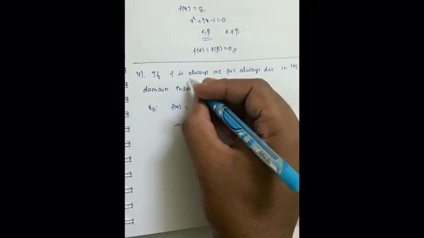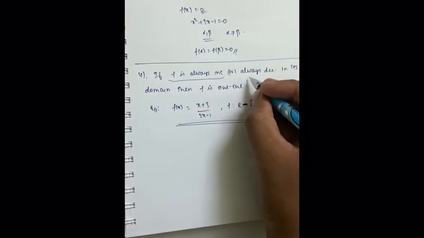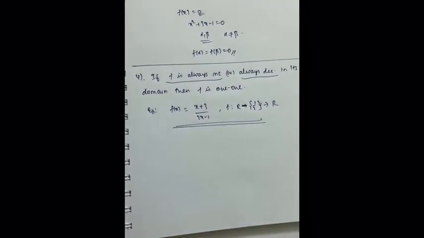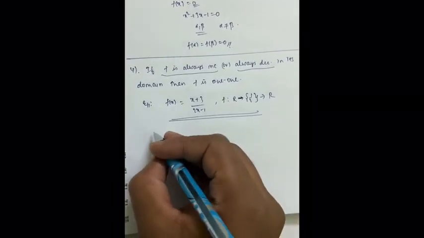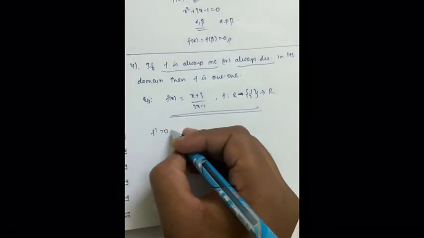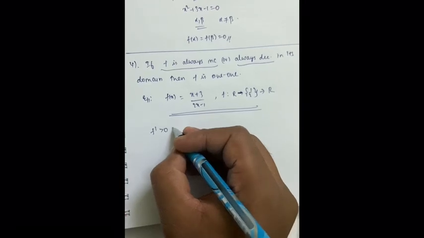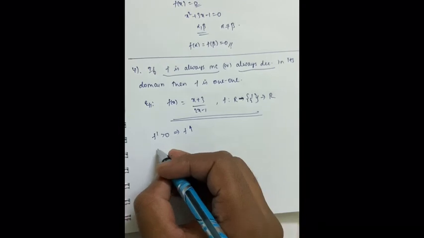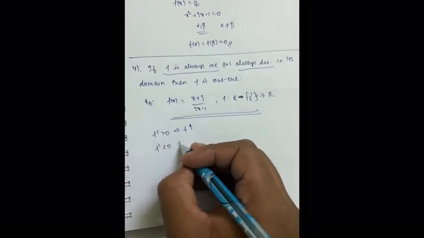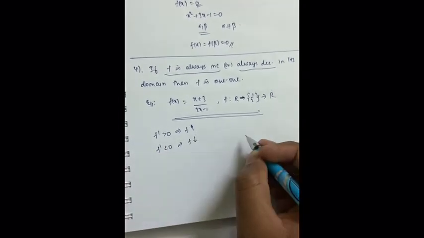So how to check whether a function is always increasing or always decreasing? By using the derivative test. Whenever f dash is greater than 0, it implies f is increasing. Whenever f dash is less than 0, it implies f is decreasing.